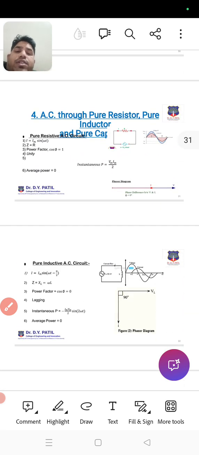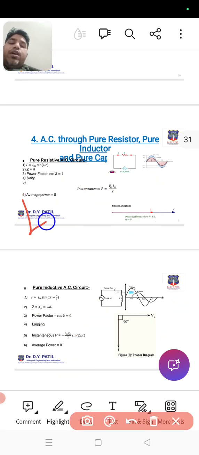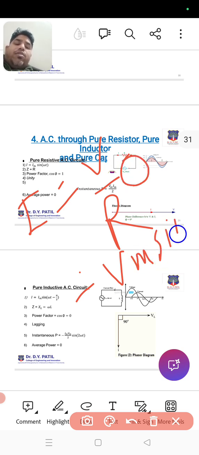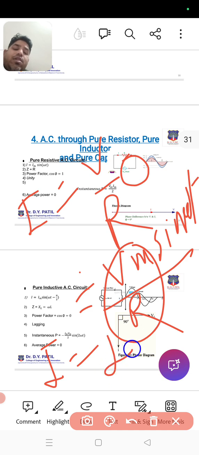The pure resistance, there is a very simple derivation of that. As per Ohm's law, I is equal to V divided by R. So we have V is equal to Vm sine of omega t divided by R. So we will get I is equal to Im sine of omega t.